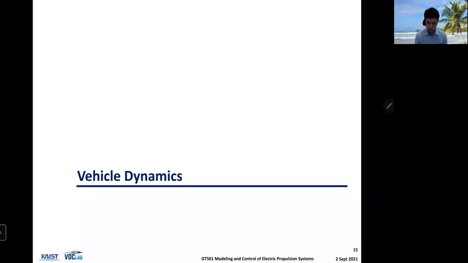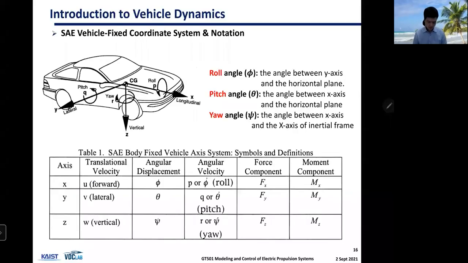Vehicle dynamics. We need to first define and have coordinate system and notation straightened out. So there are two types of coordinate systems that I'm going to introduce to you: SAE, body fixed coordinate system, and rotation.